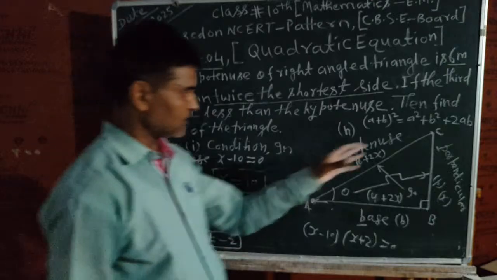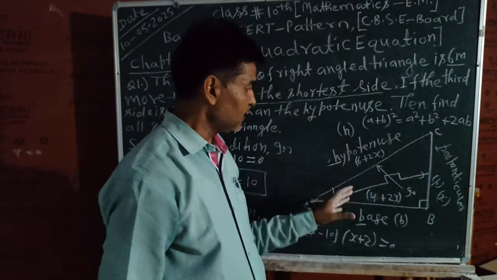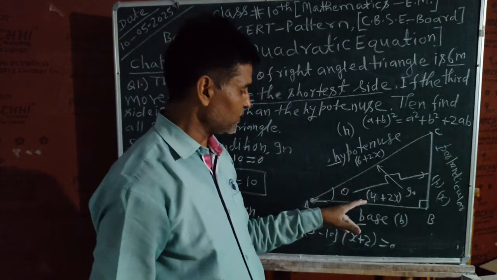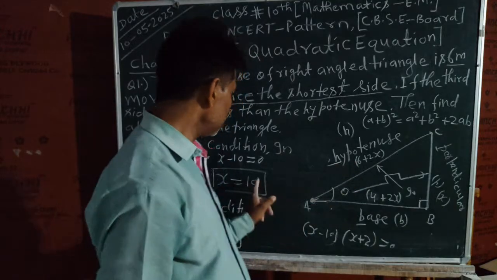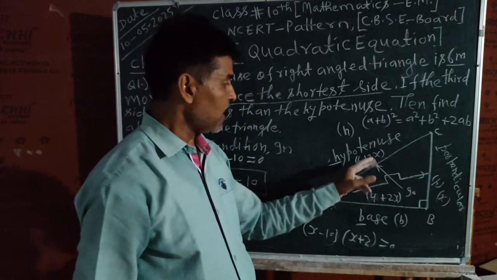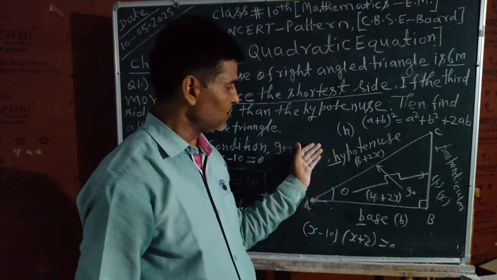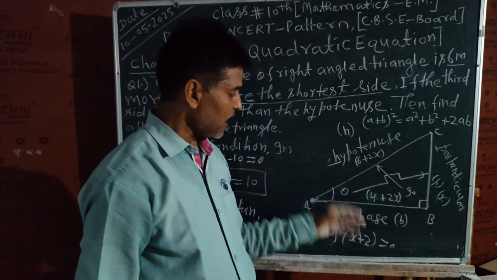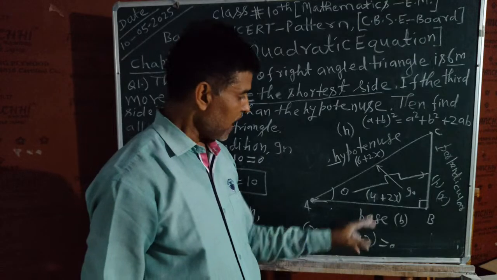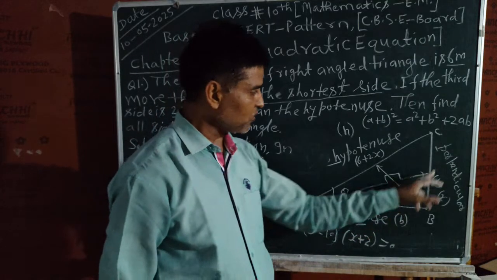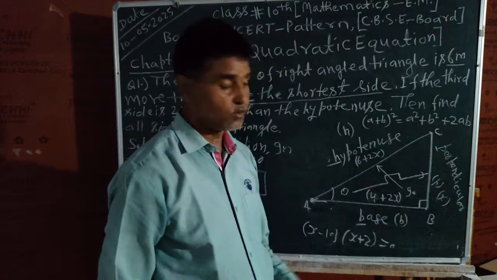So in the given triangle, which is obtained from the given question, I will put the value of x which is equal to 10, and after simplifying I will get the value of the hypotenuse, the value of the base, and also the value of the perpendicular. Okay, student.